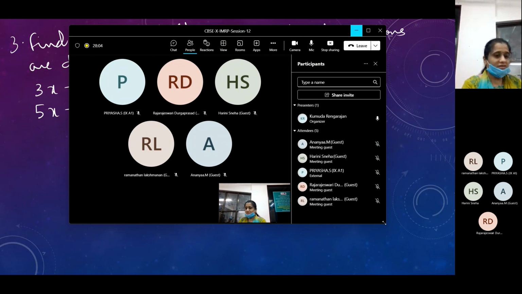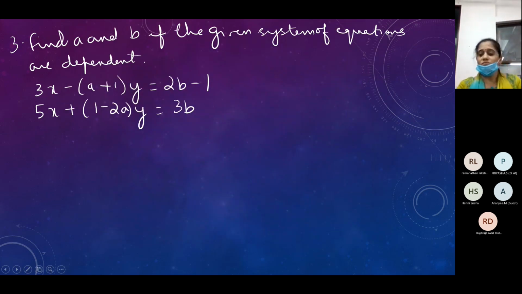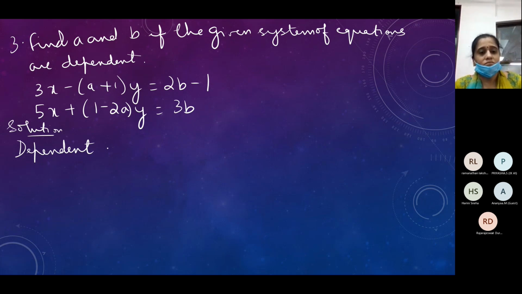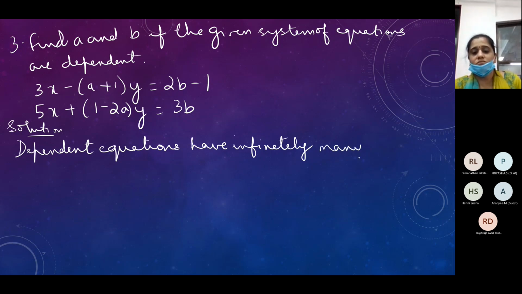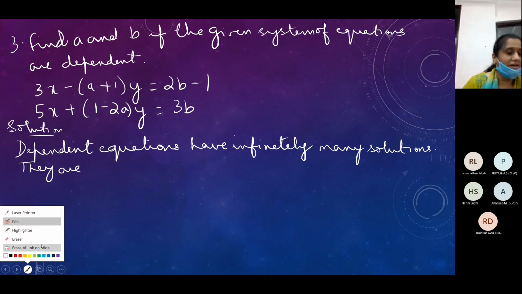What are the values of a and b? 8 and 5. Good.